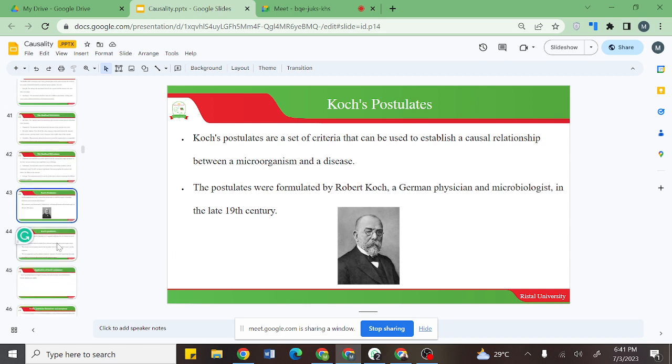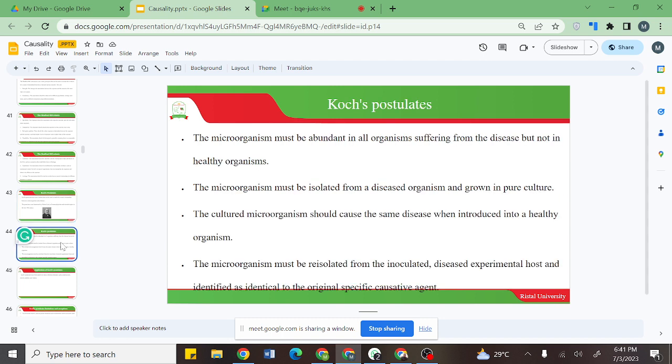So what does he really say? He says the following, that the microorganism should be present in abundance in all organisms suffering from the disease, but should not be found in organisms that are healthy.